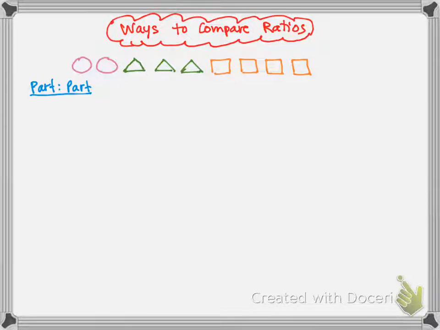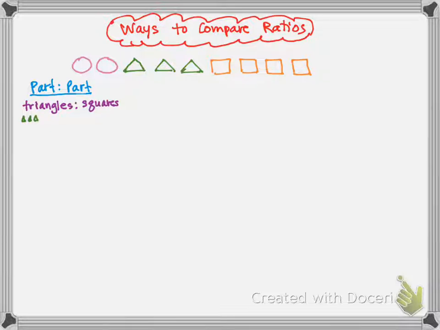So let's start with an example. Let's do triangles. We want to compare triangles to squares. So what I'm going to do is draw a little mini picture of my triangles. So I have 1, 2, 3. Remember, they're written first.